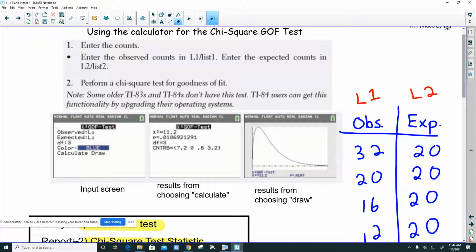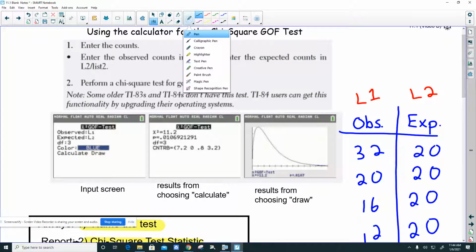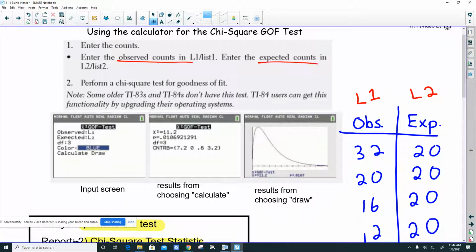And you can see off to the left, I've got some screen captures here and some steps that are essentially telling you where you're putting the observed, where you're putting the expected. Okay? The calculator is going to look for data to have been typed into L1 and L2.